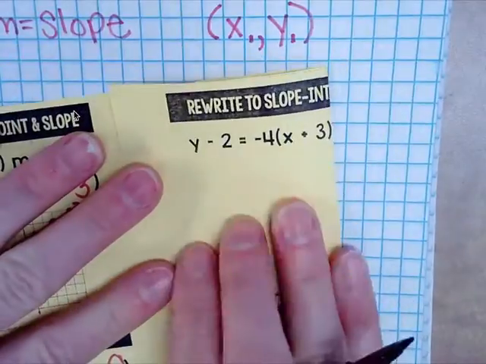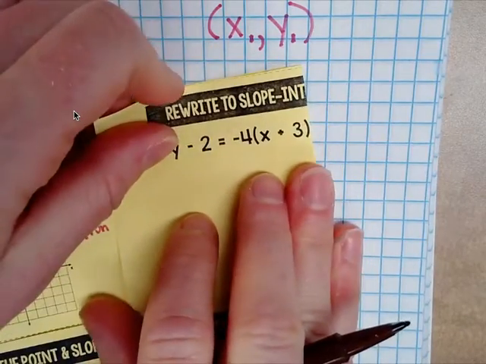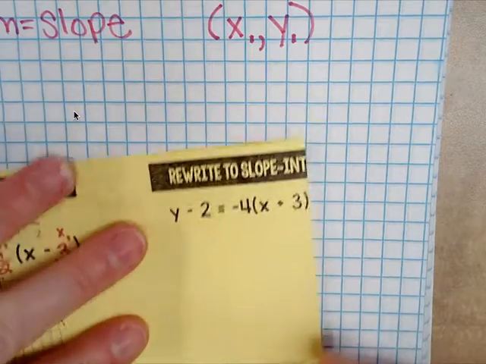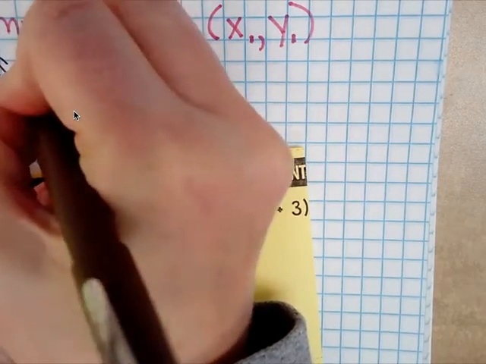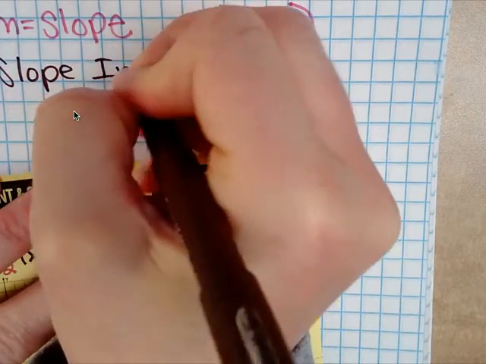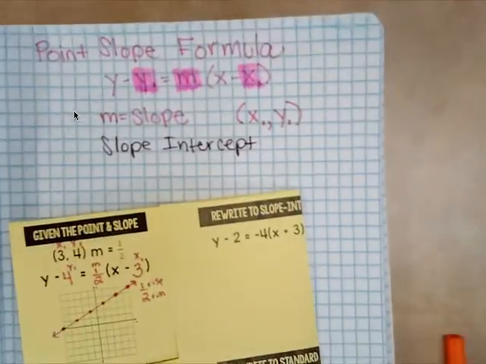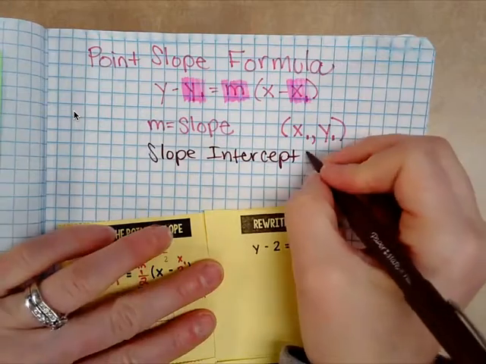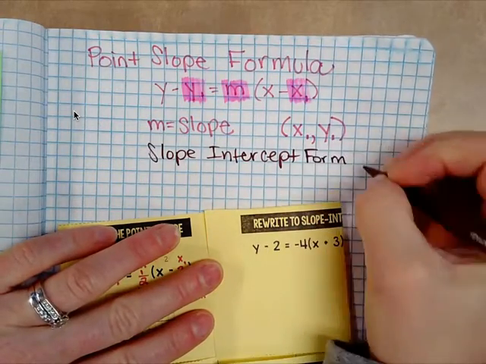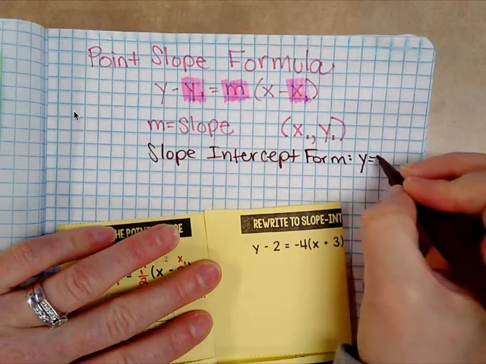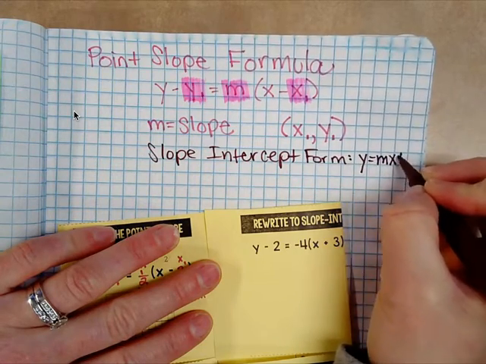All right, let's do this next section. Rewrite to slope intercept. What is slope intercept? I'm going to write that on my notes page. Slope intercept form is our usual form, y equals mx plus b.